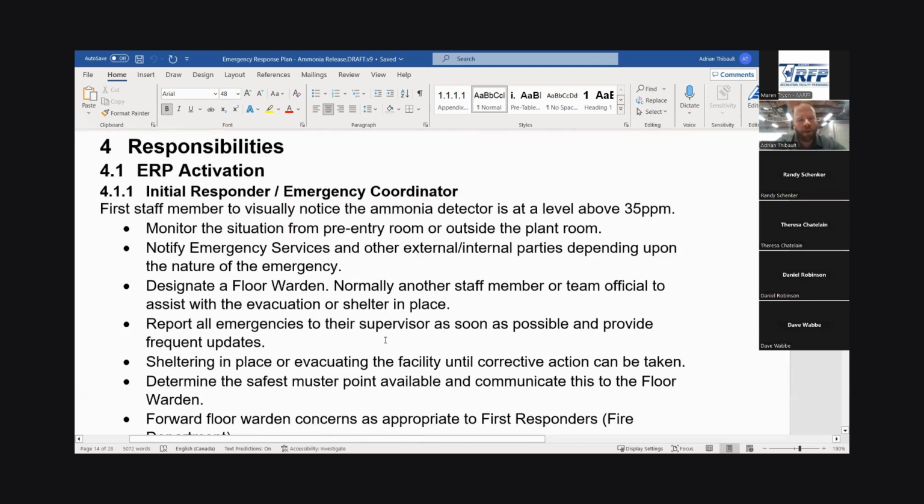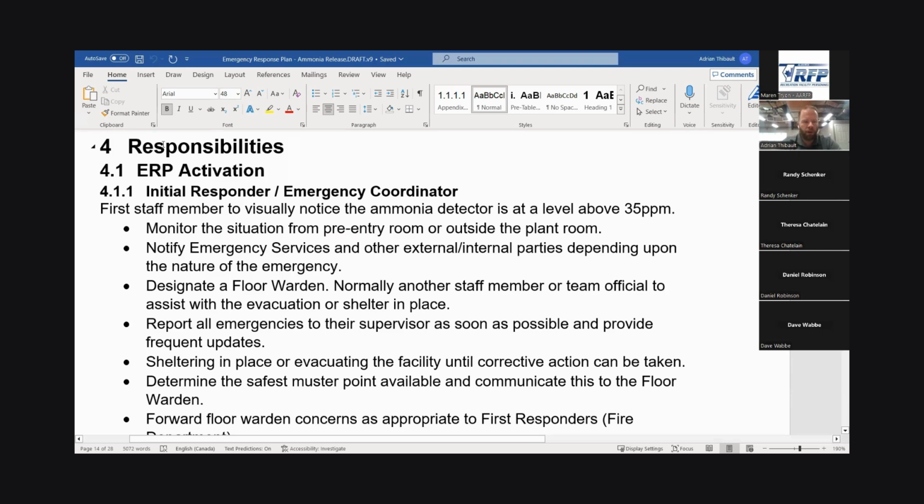Responsibilities. Now, this one is pretty key. You do want to have all of this. It lays out in black and white who is in charge of certain parts and who is in charge of the actions when they actually happen. So there are document responsibilities, and then there are the actual emergency responsibilities.